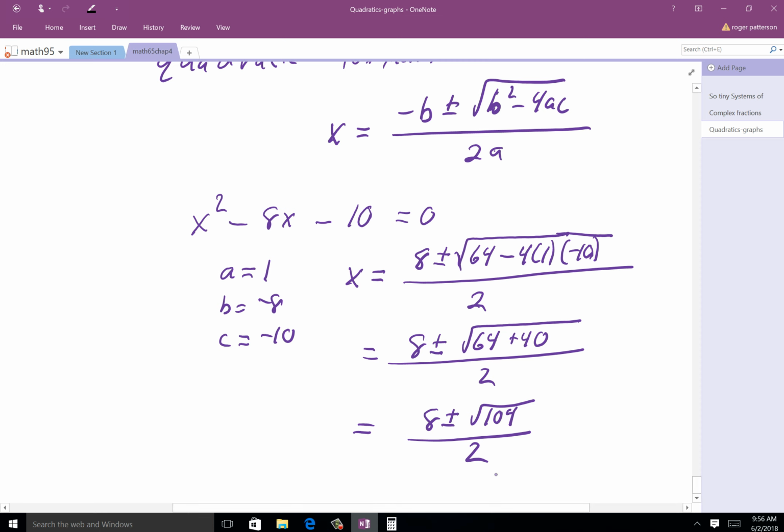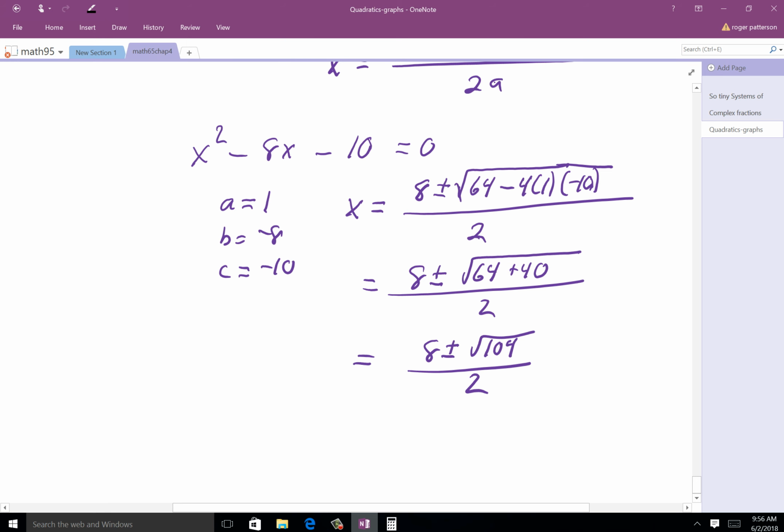Some of your mathematical purist teachers are going to say we should break up 104, so we should find a perfect square that goes into 104. I think 4 does. 4 goes in there twice, 26 times.